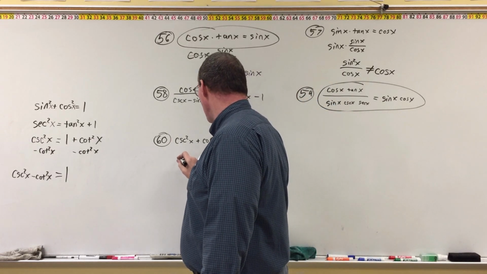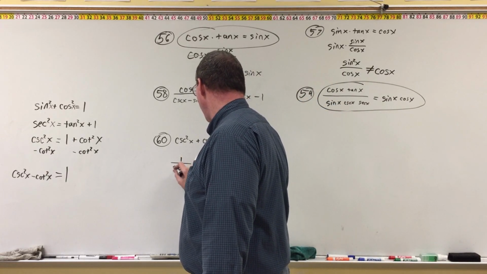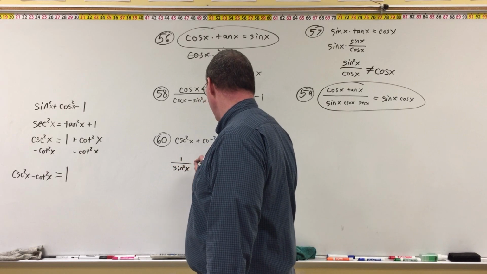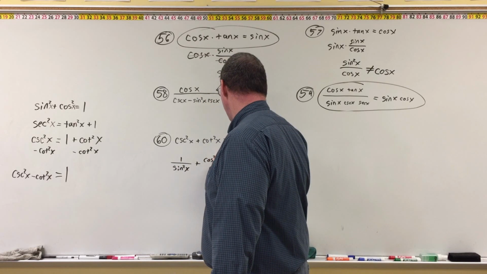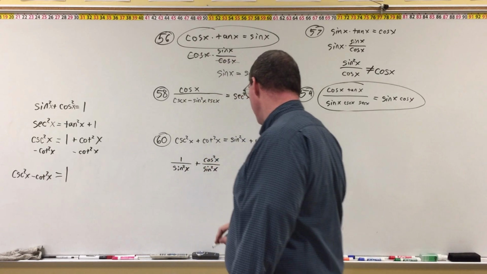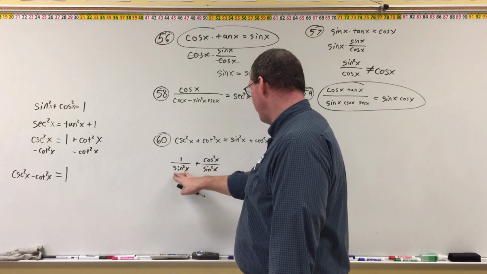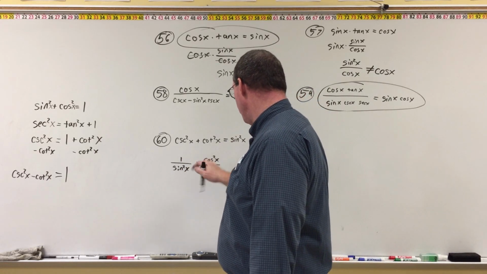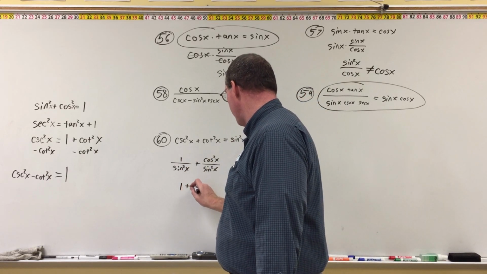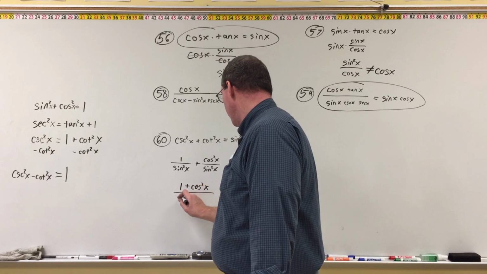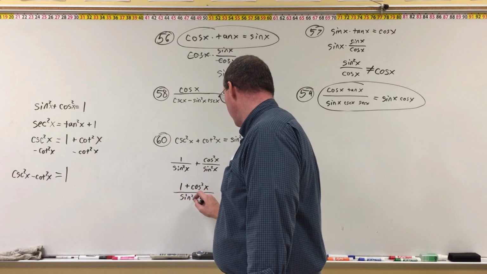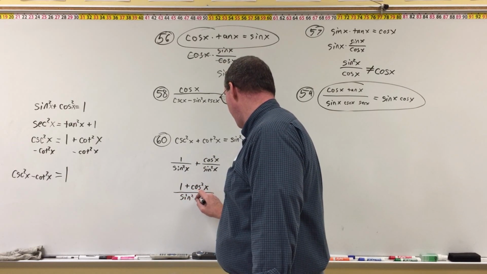Let's make this 1 over sine squared of x plus, this is going to be cosine squared of x over sine squared of x. And now we have a common denominator, so we're going to add the numerators together. 1 plus cosine squared of x over sine squared of x.